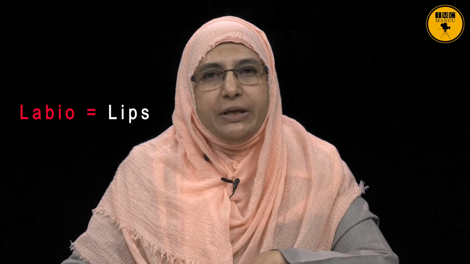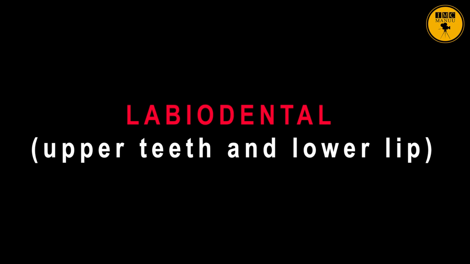The second place of articulation that we shall talk about in today's class is labiodental. Again, the term gives the meaning. Labio referring to lips, dental referring to teeth. In this, the upper teeth and the lower lip come together in the articulation. Look at the sounds of f and v as given in the examples.